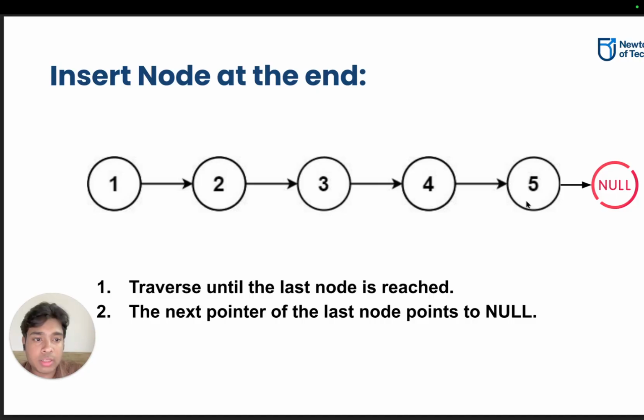So we transfer the tail's link to the new node at the last position, because here 5 is the last one. Now we have to add the new element at the end, so we transfer the tail to the value we are going to add. Written here, you can see the next pointer of the last node is null.